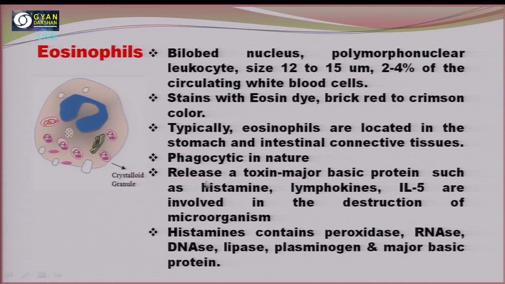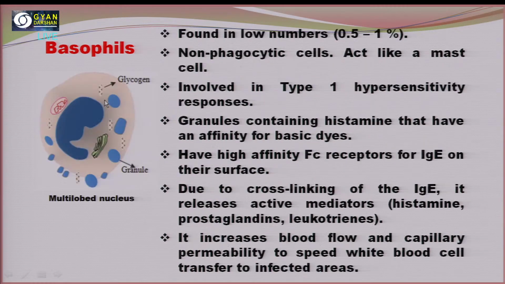They are able to release toxic major basic proteins, such as histamine, lymphokines and interleukin 5, and contain peroxidase, DNase, lipase and other basic proteins. With the help of these, they are able to destroy pathogens. Another is the basophils. Here you can see the multi-lobed nucleus.